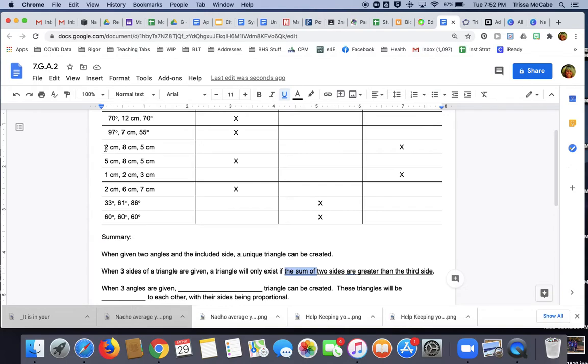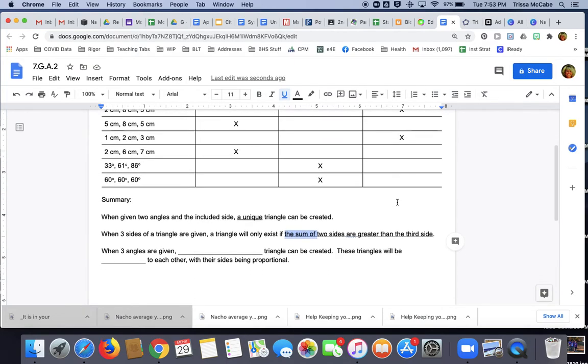But if we look at the last combination, 2 plus 5 is 7, which is not greater than 8. And so that's why it did not make the triangle. The same thing is true for the 1, 2, 3 centimeter triangle. 1 plus 2 is not greater than 3. So that is why this did not make a triangle.